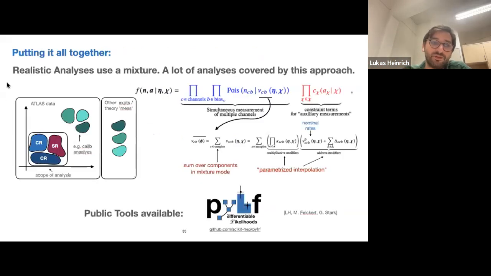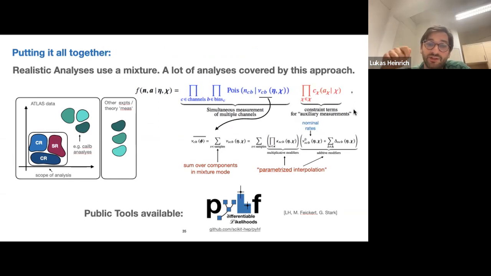And so in the end, if you put everything together, this is then what it looks like. So this is a shape of the likelihood that is surprisingly versatile in high energy physics, where you basically have a series of Poisson measurements which originate from this histogram-based modeling of this binned likelihood.